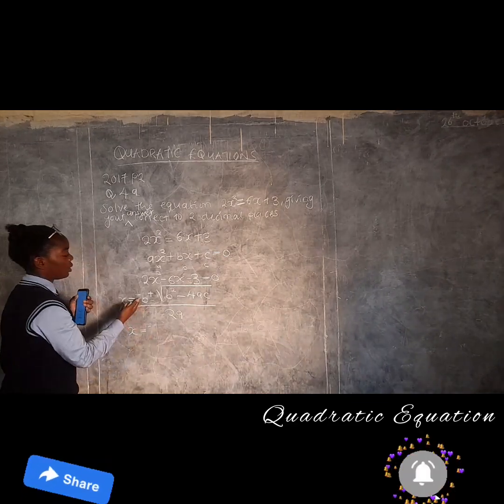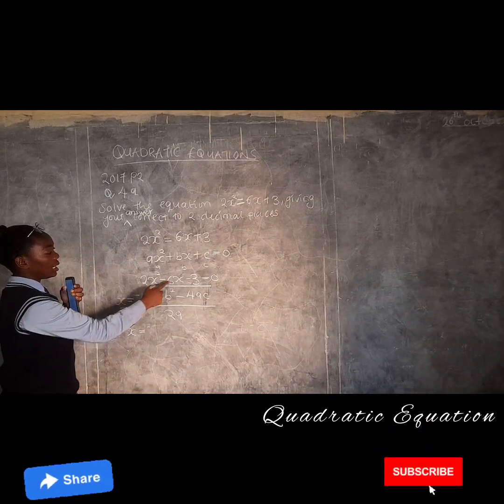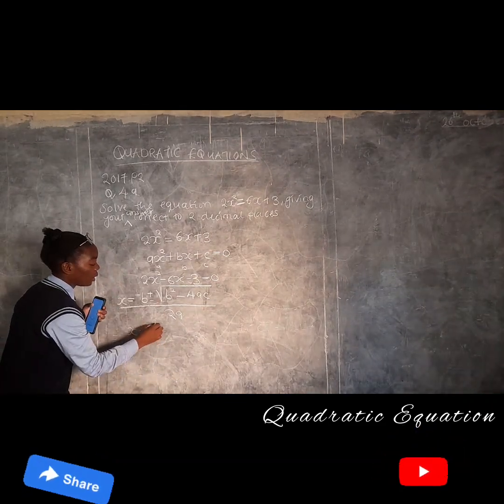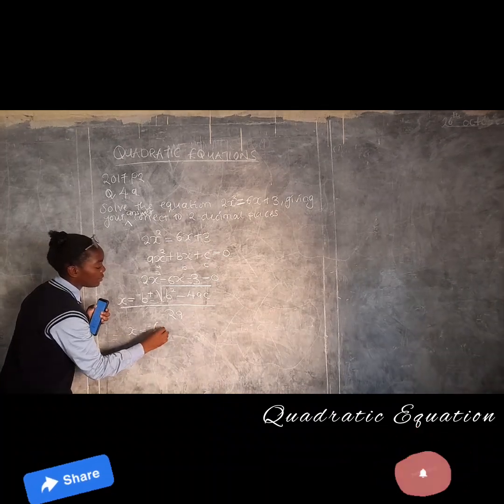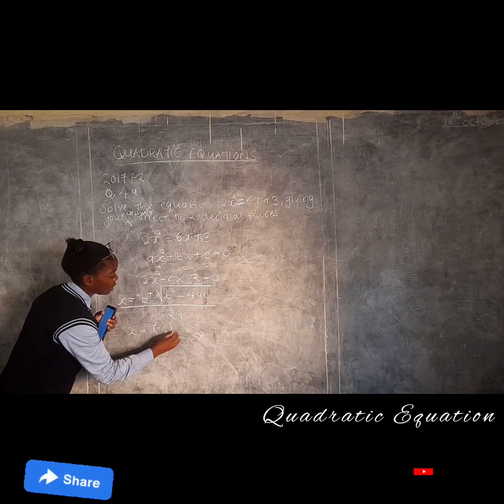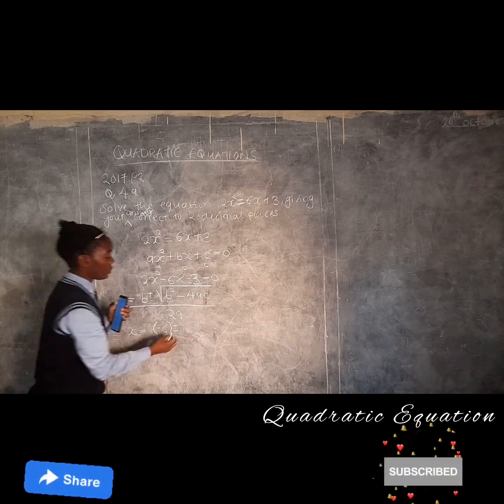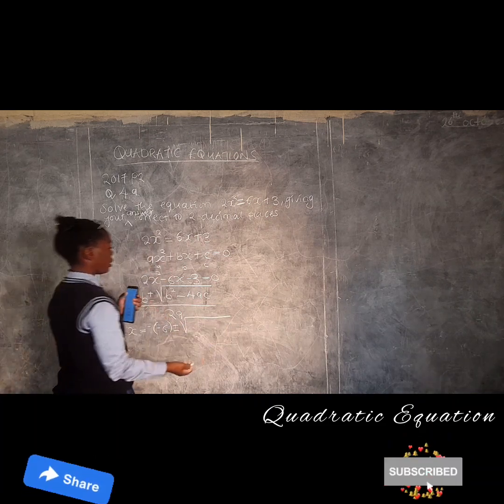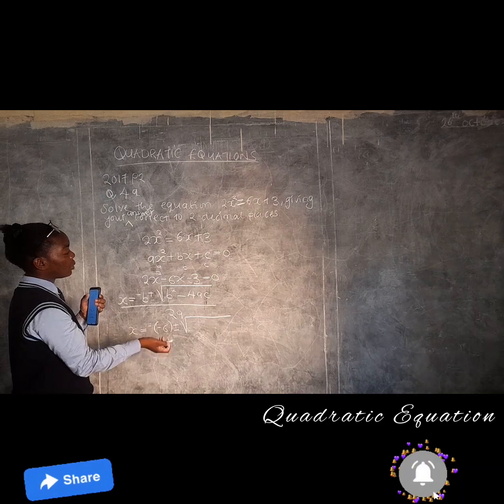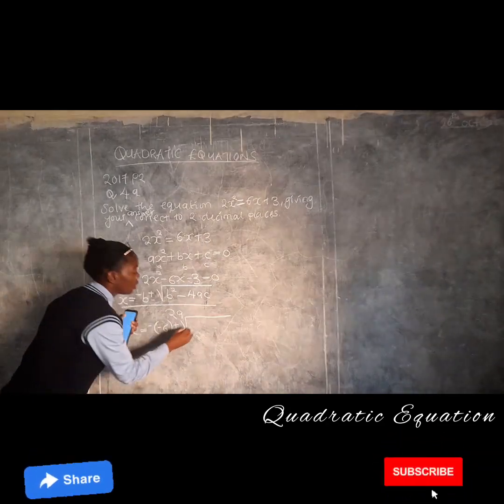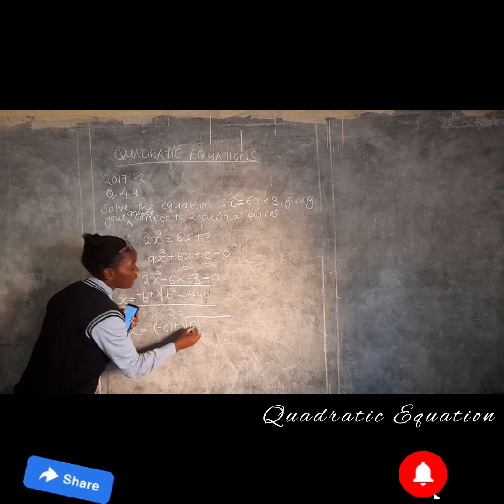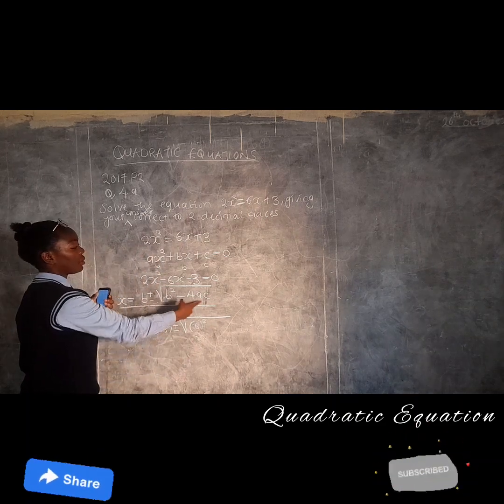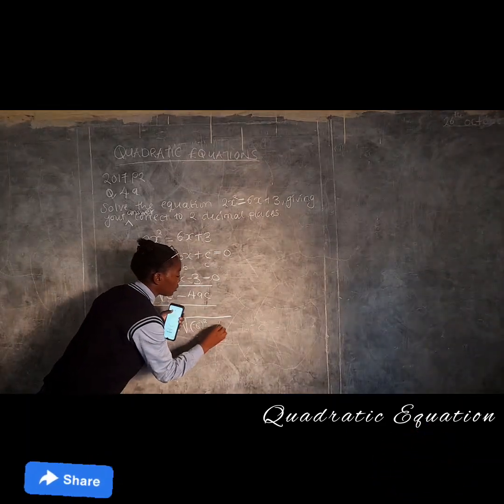Here, we shouldn't forget the sign. So our b is negative 6. Since we've got a negative, we're going to write down an open bracket and put negative 6 and close it, plus or minus, then this. So b squared: our b is negative 6, so we write down an open bracket, then put negative 6, we close it, squared, because we're following the formula, minus 4.